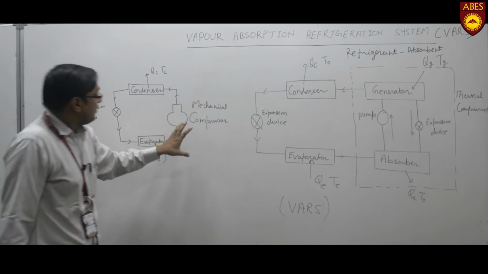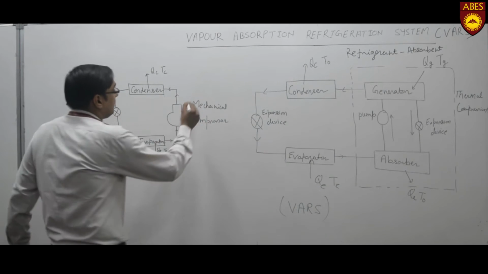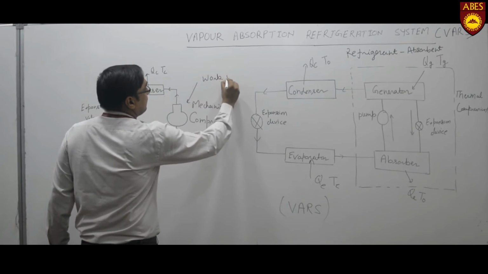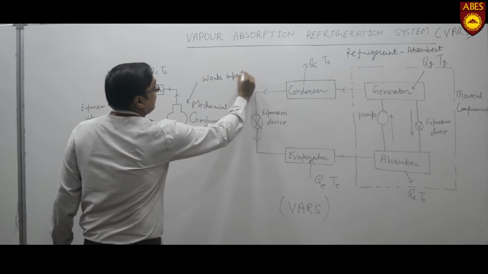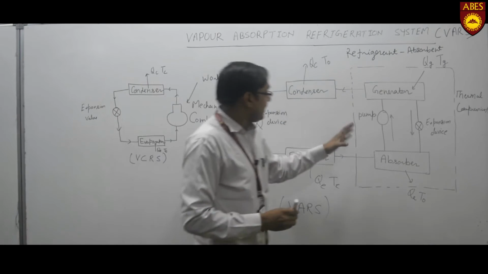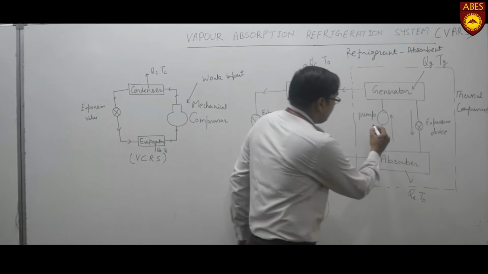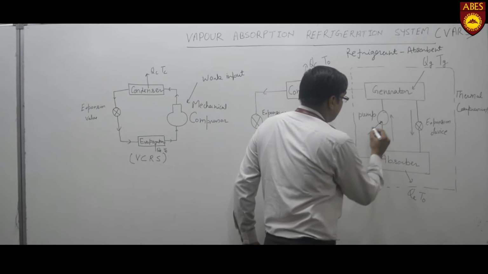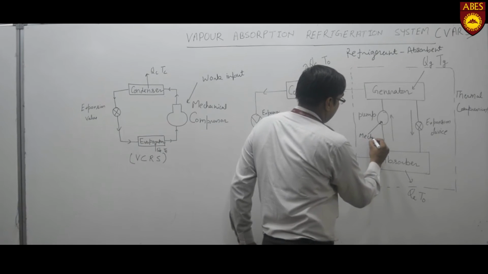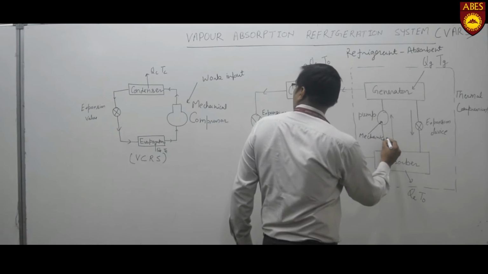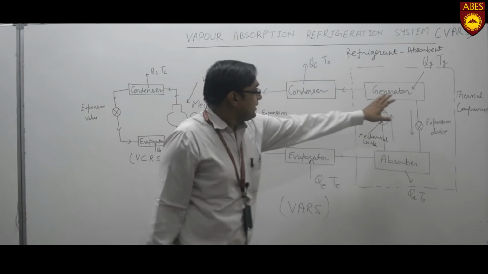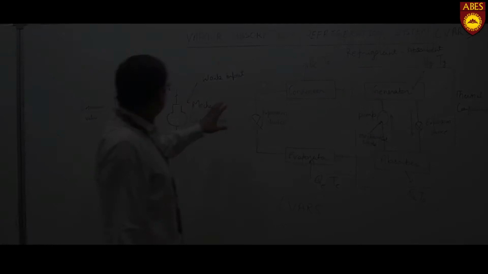Now if we talk about the basic difference, in case of VCRS system, work input is provided in the mechanical compressor. But in case of VARS system, mechanical energy is provided in the pump and heat energy is provided in the generator.